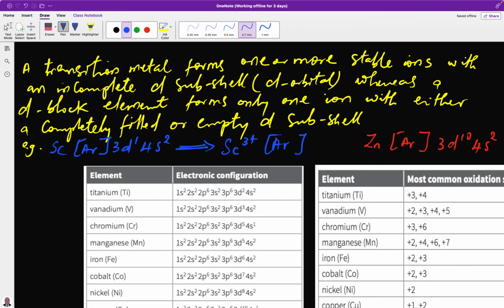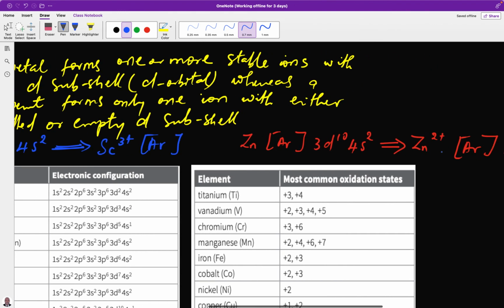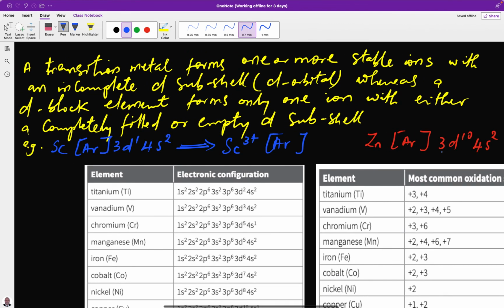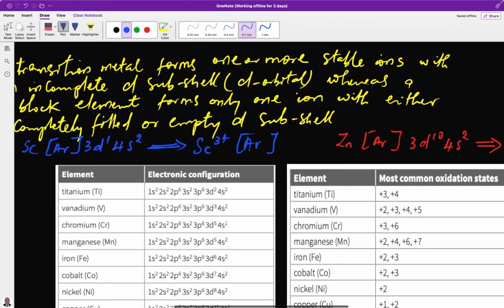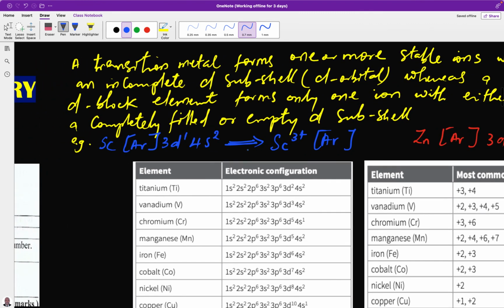The one that has a completely filled d subshell is zinc when it forms an ion, and the one that has a completely empty d subshell is scandium when it forms an ion. So that is the difference.